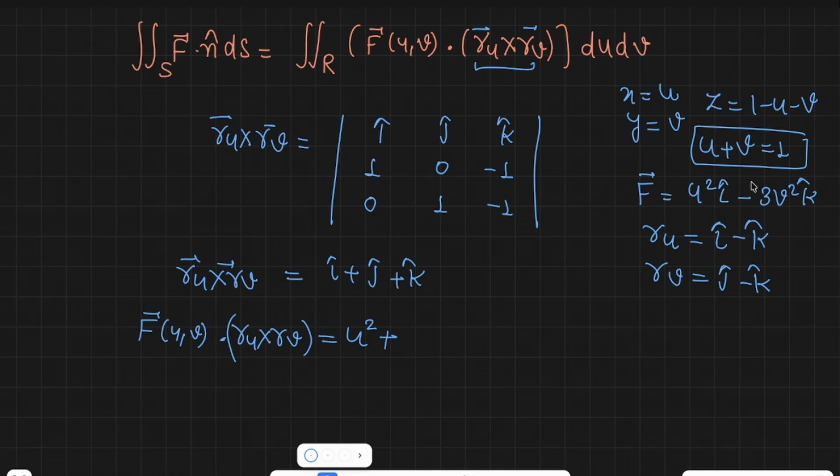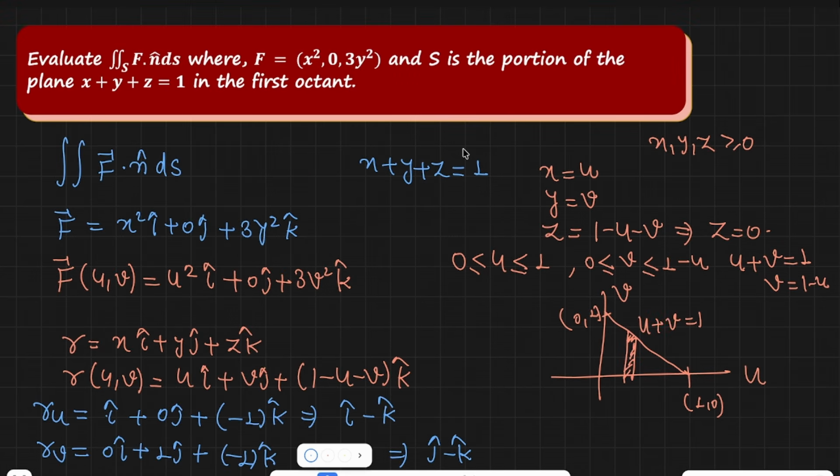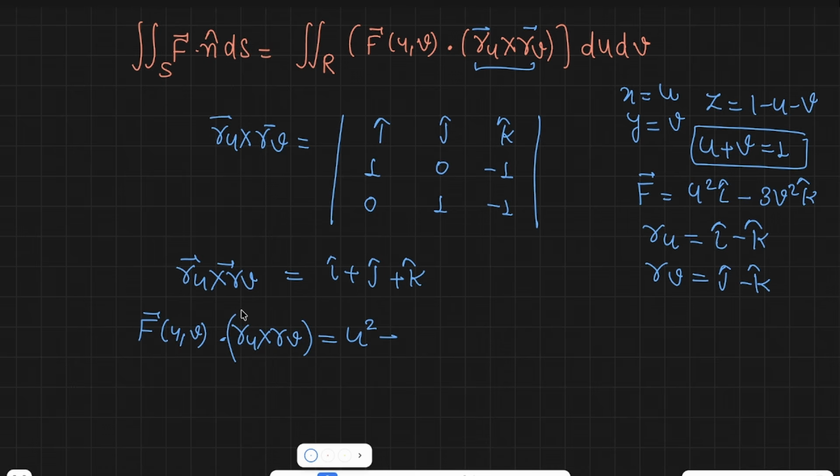And this is minus 3v square. Wait, let me check the question. It's not minus 3, it's plus 3. Yes, so it is plus 3v square. K cap will be 1.